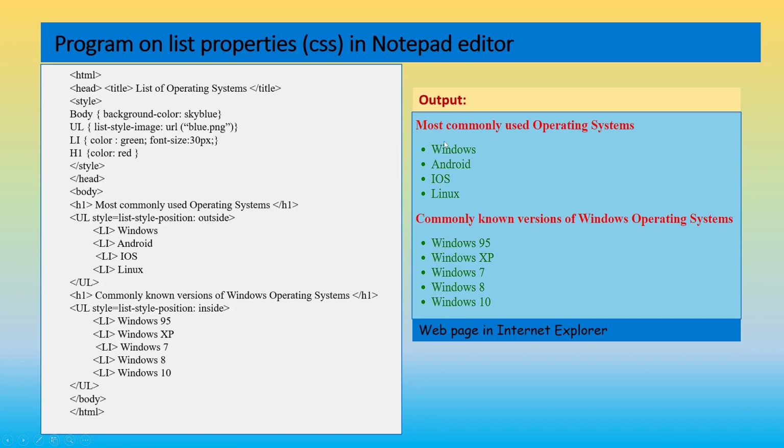The bullet marks are specified outside, meaning there is a gap between the bullet as well as the list item. So here you can see list style position outside. Since I haven't specified any type of list style here, it has taken the default one, disk.